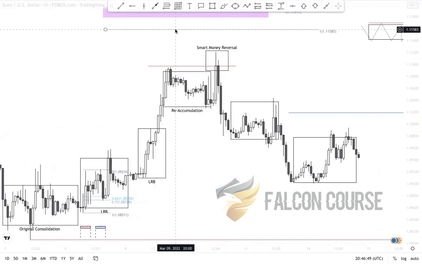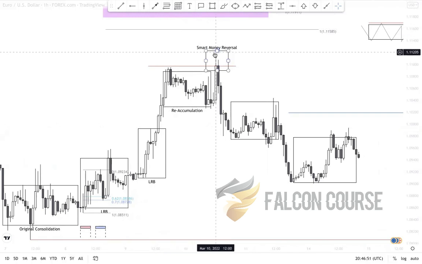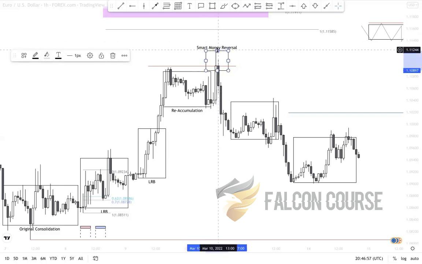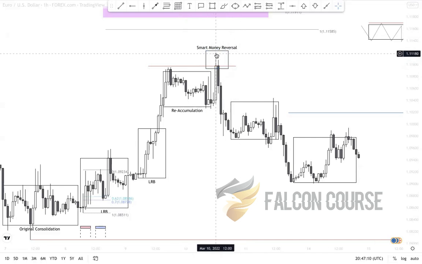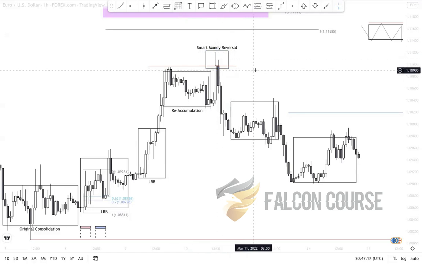This stage is the level where actual interbank and institutional, the real institutional traders, not the fake ones, come in. This is where real institutional selling orders will arrive into the market. This level, the smart money reversal.